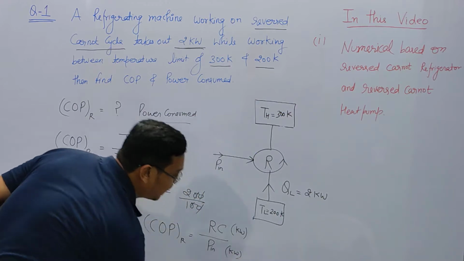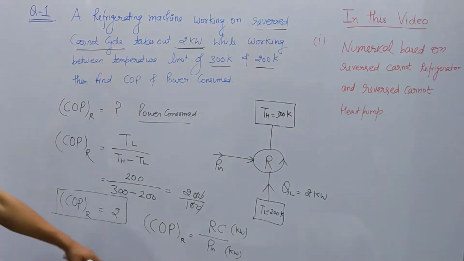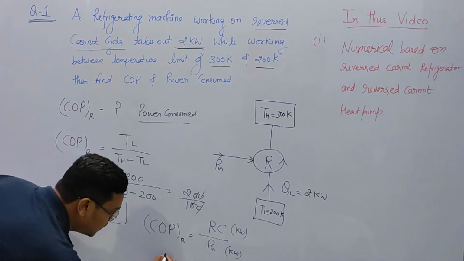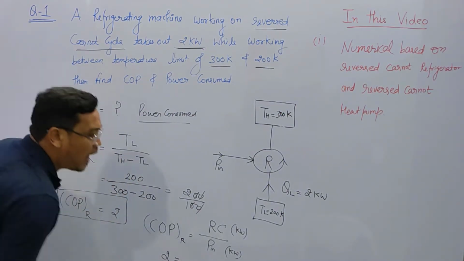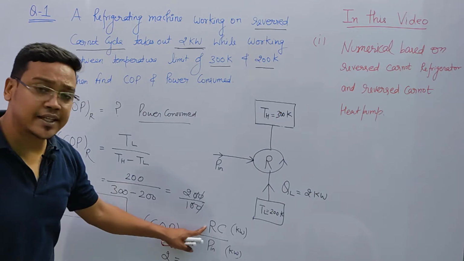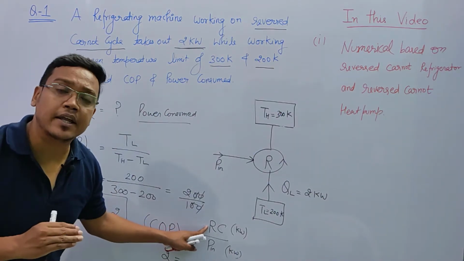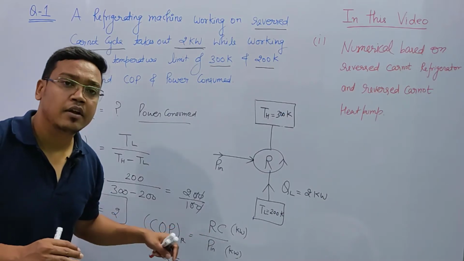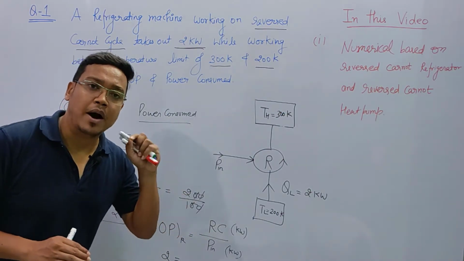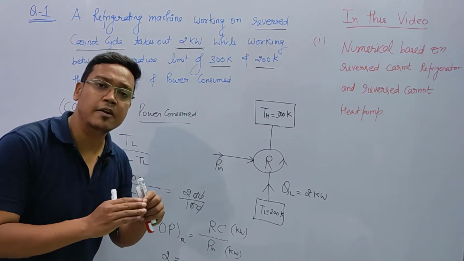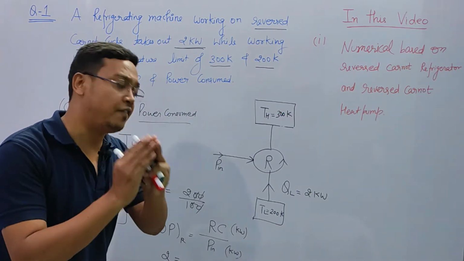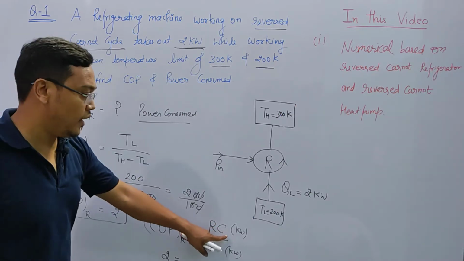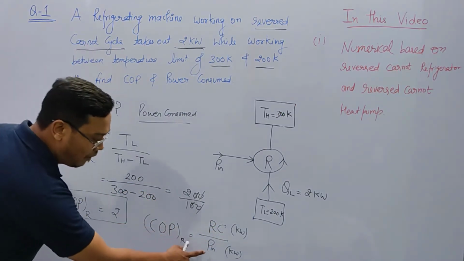I have already explained in the previous videos. So COP of refrigerator I got 2. RC is refrigerating capacity in kilowatt. How we got this? We multiply mass flow rate of refrigerant with the refrigerating effect. So I have to calculate power input.